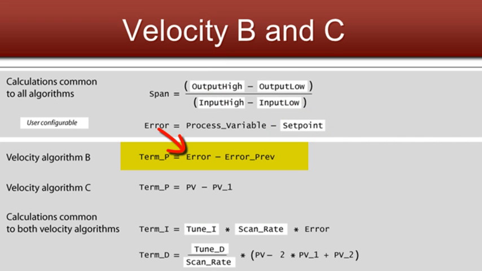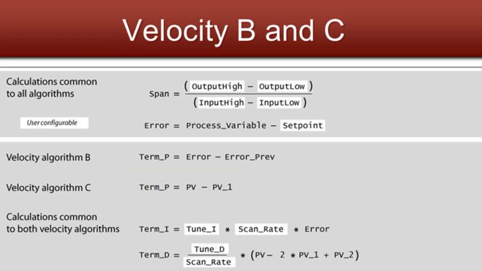For the type B algorithm, this error value then is going to change. With the type C algorithm, if we make a set point change, we're not going to see that change when we do the calculation, when we do the algorithm. We're only going to see any process variable changes.